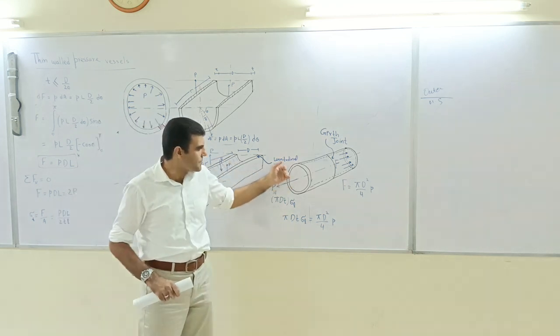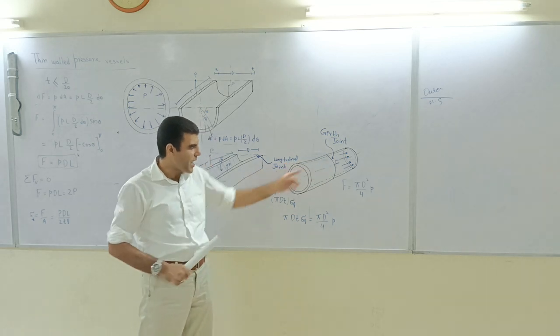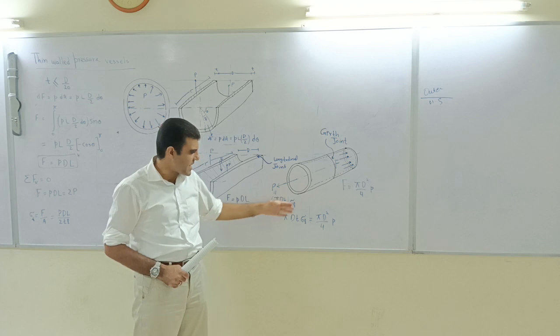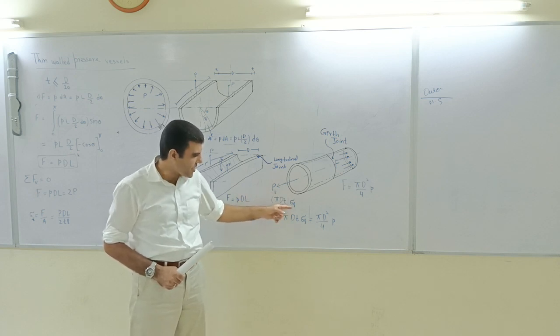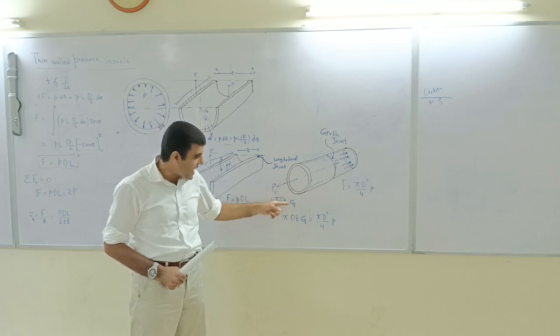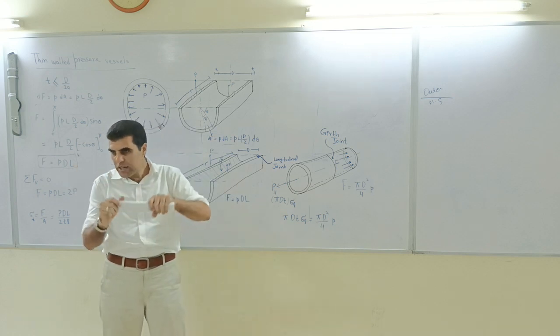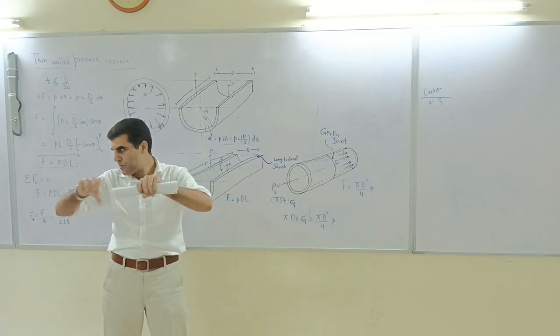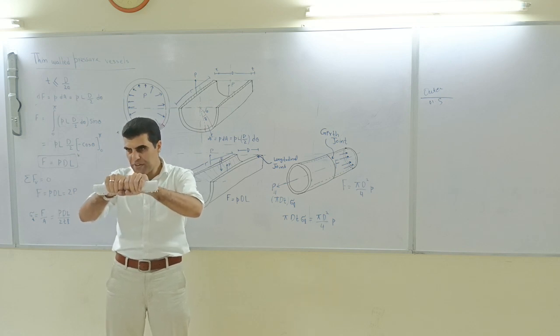In the case of this sort of thing, the stress L's, which are the longitudinal stresses, develop. And that is, as I told you, if you either put a blind or if you join 2 pipes. Imagine I've got 2 pipes which are joined together.